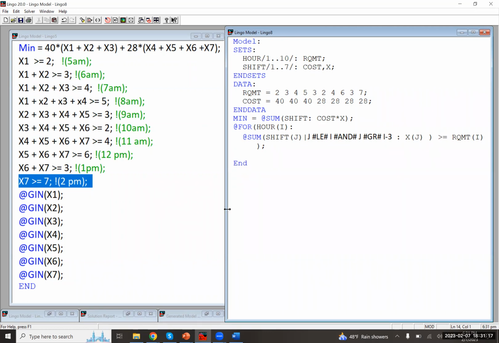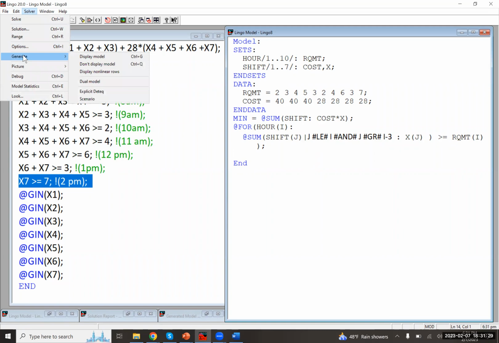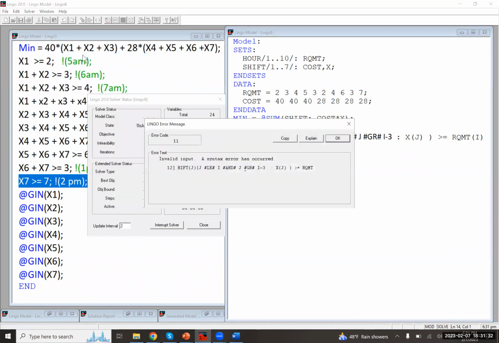Okay, let me just double check that what we did is correct so far. Under the Solver, generate display model.